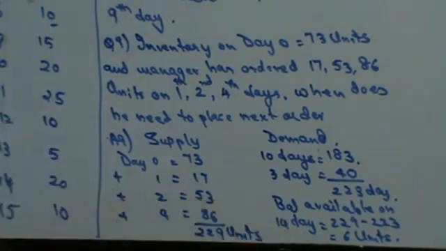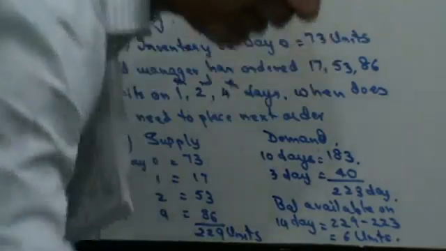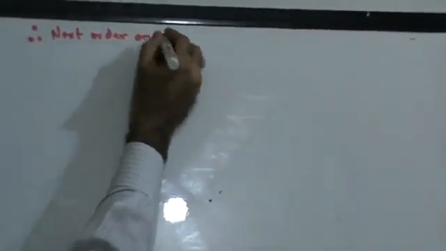And I have only 6 units. So can I do production on the 14th day? No. Therefore the next order should be placed on the 13th day, so that I can do my production on 14th day. Right? Next, let's see question number 10.